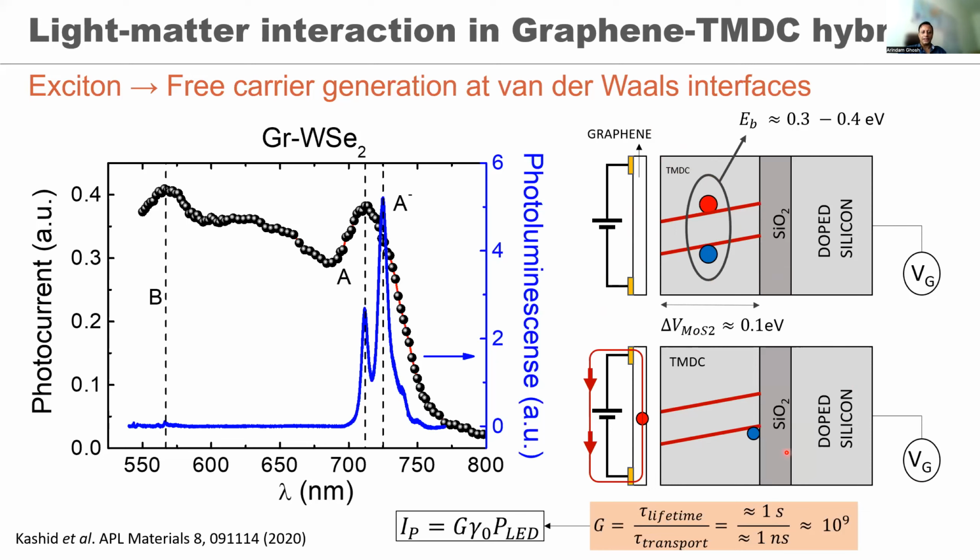And this electric field that I just told you about allows you to prevent the electron from jumping back into the TMDC layer and recombining. So which is why the gain becomes humongous, and it can be easily about 10 orders of magnitude larger than any bulk electronic systems for optoelectronic applications.